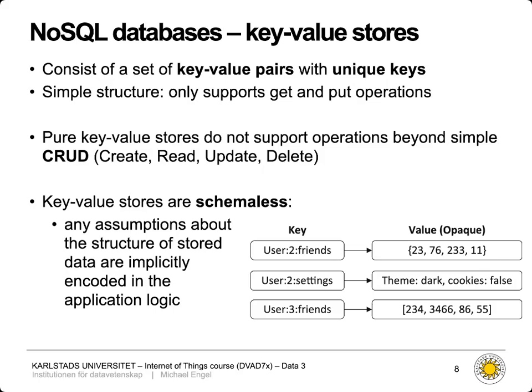Key value stores are what we call schemaless, so you don't have any assumptions about the structure of stored data in the database itself. So in a relational database, you might have records. So a customer record might have a name, an address, and a phone number. All these relations are not visible in such a key value store. So you'd have separate keys for names and addresses, for example, and phone numbers.